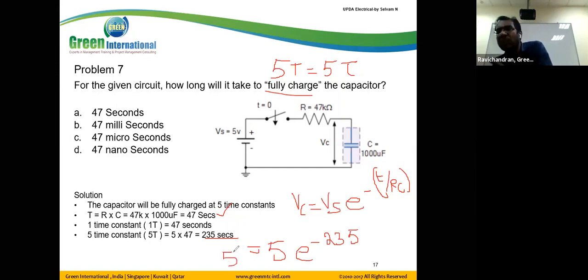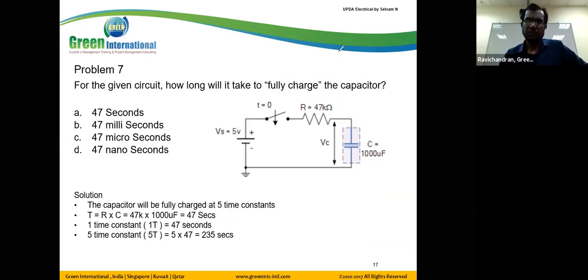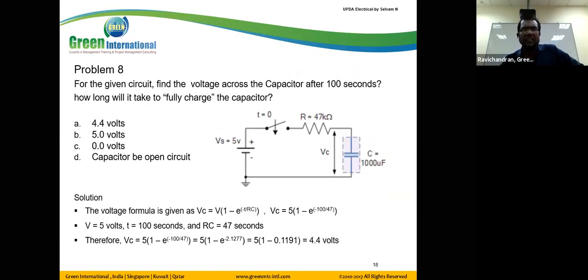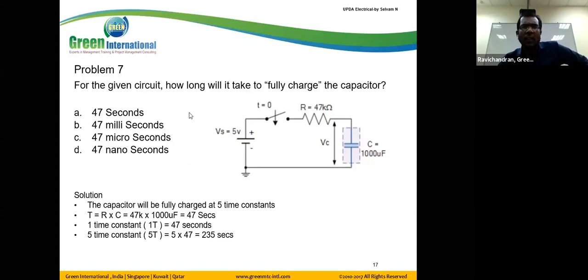Just check with the calculator. So next. Already we said that for 235 seconds, it reaches the full voltage. The applied voltage is 5 volts. So at steady state condition, it is 5 after 235 seconds.